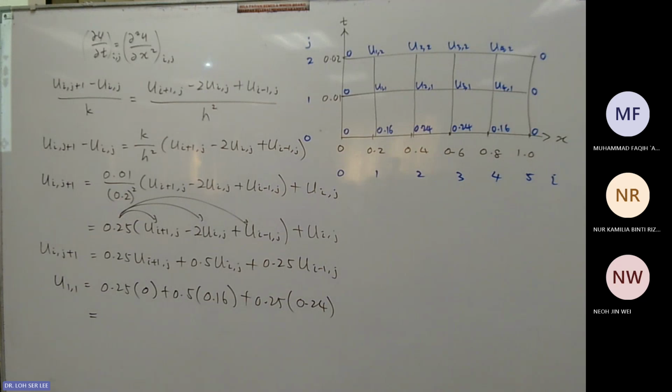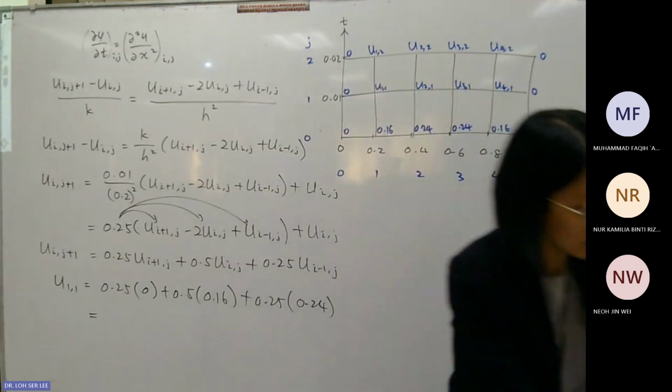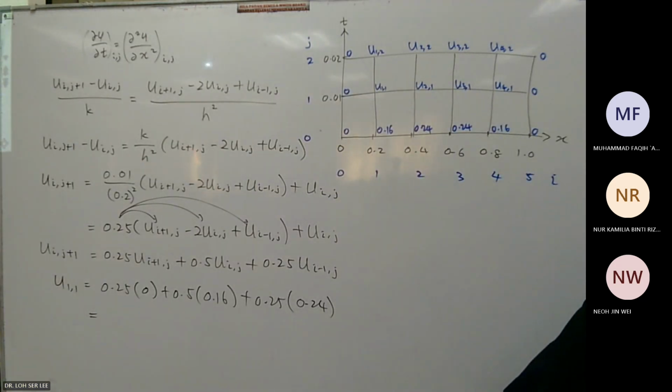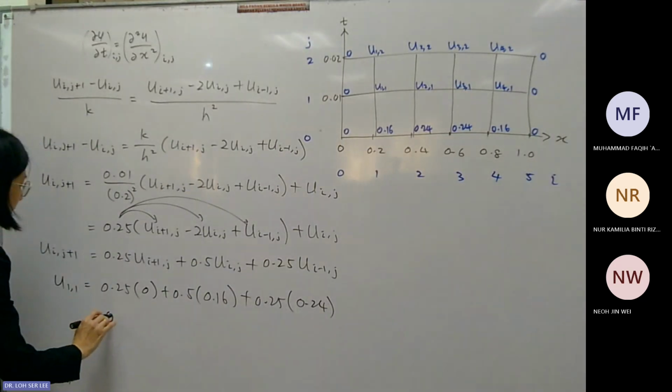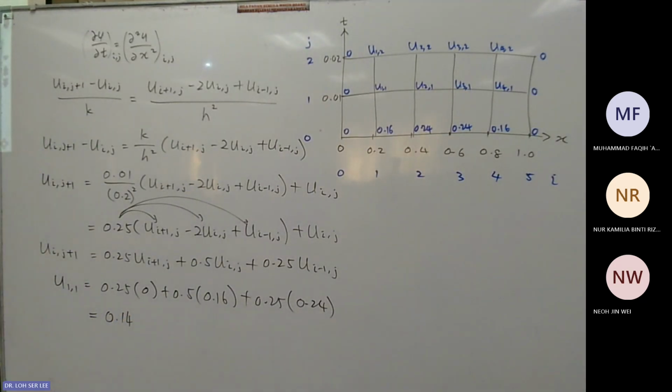So this one, U11, you get 0.14. Do you get 0.14?